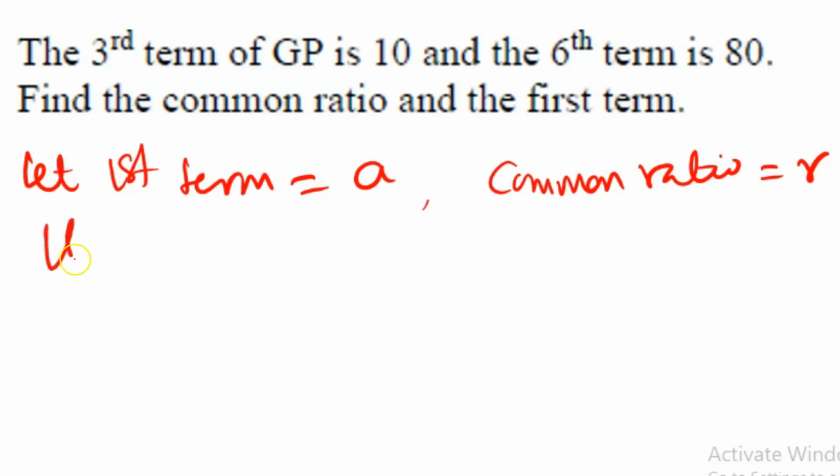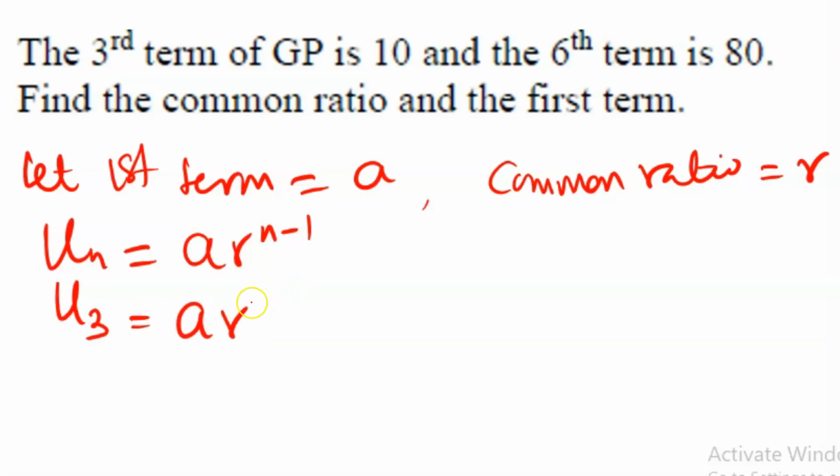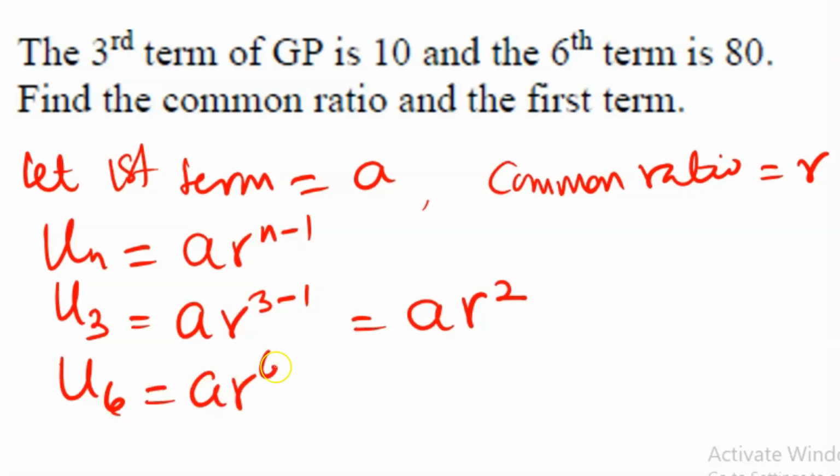We know the nth term is equal to ar^(n-1). So the third term will be ar^(3-1), which is equal to ar^2. And then the sixth term will be ar^(6-1), which is equal to ar^5.